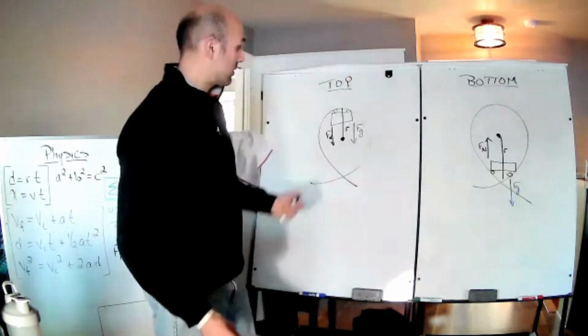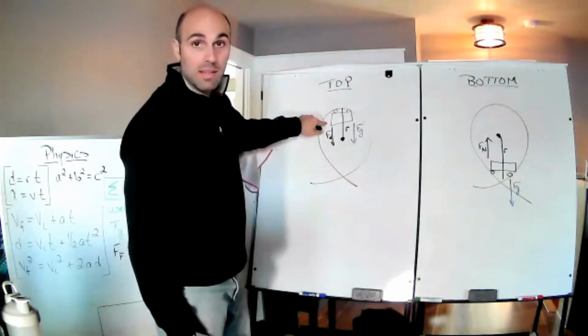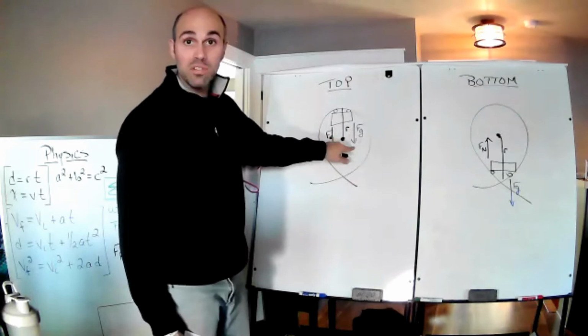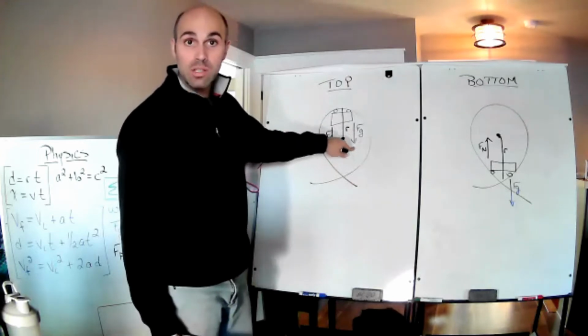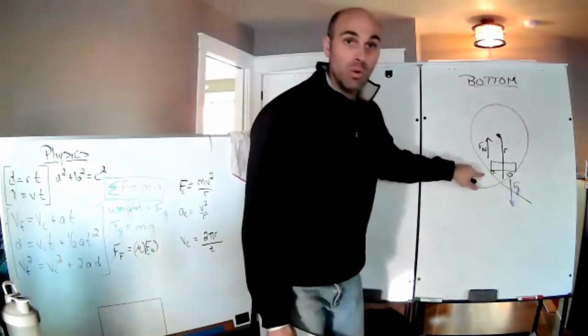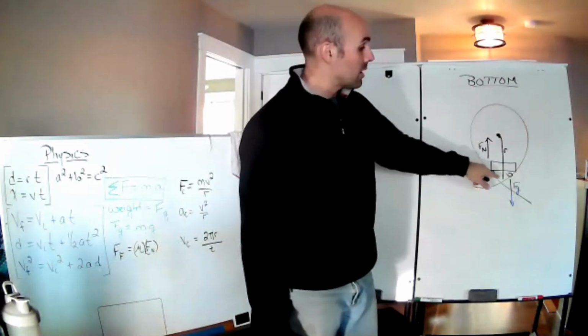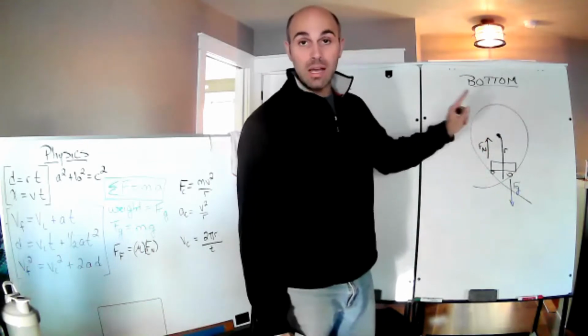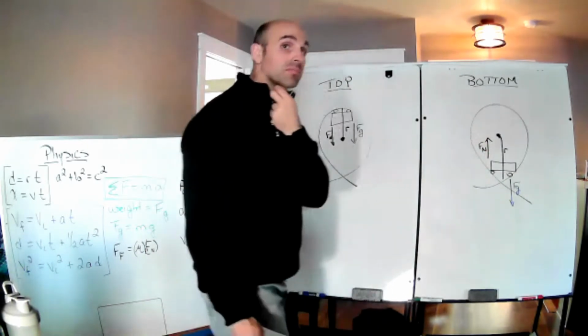In this case, when the roller coaster is at the top of the loop, both the normal force and the force of gravity push in the same direction, and that is down. In this case, when the roller coaster is at the bottom of the loop, gravity pushes down, but the normal force is pushing up, opposite directions.